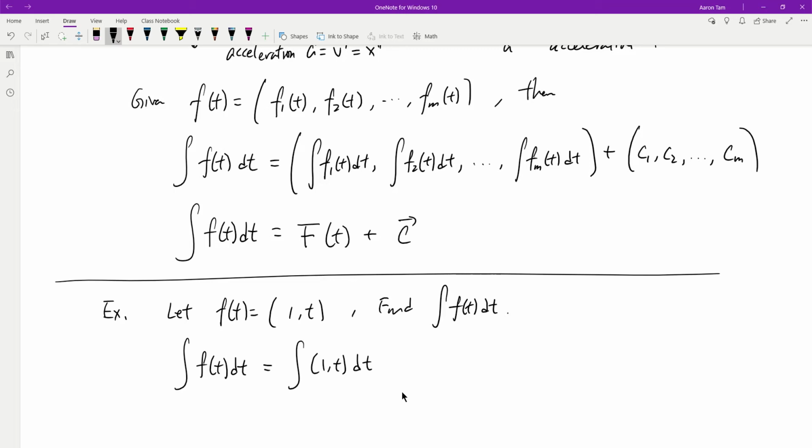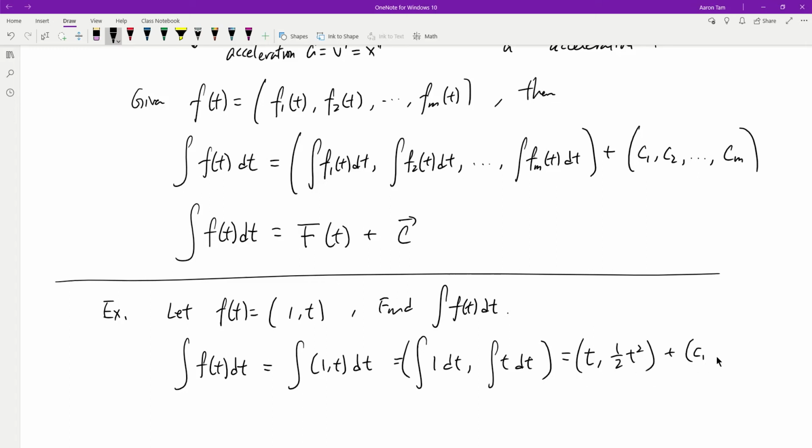What does that mean? It means that I'm integrating 1 dt and integrating t dt. The integral and the dt go inside the vector. So what is the integral of 1 dt? That will be t. And what is the integral of t?